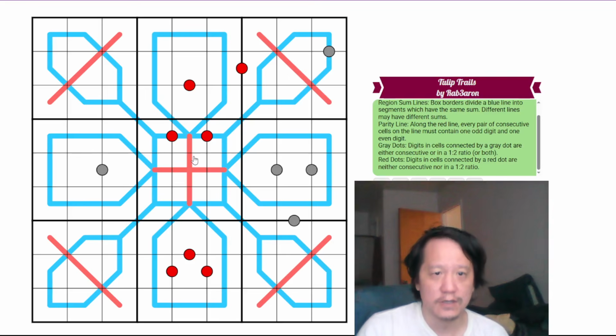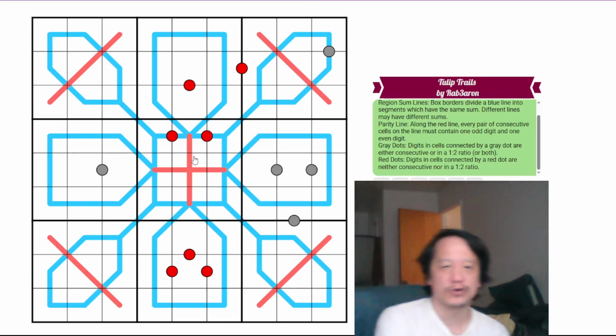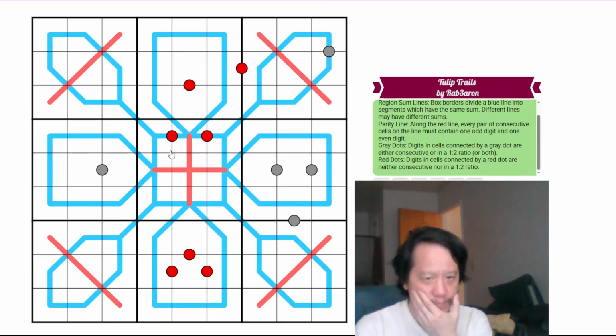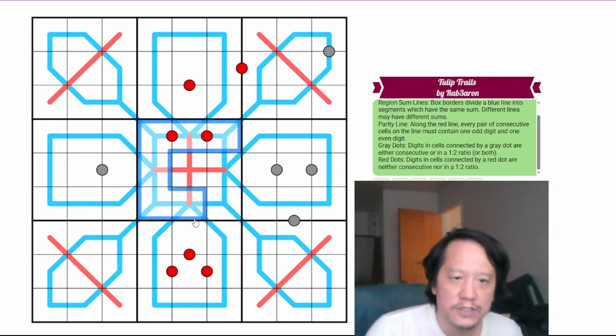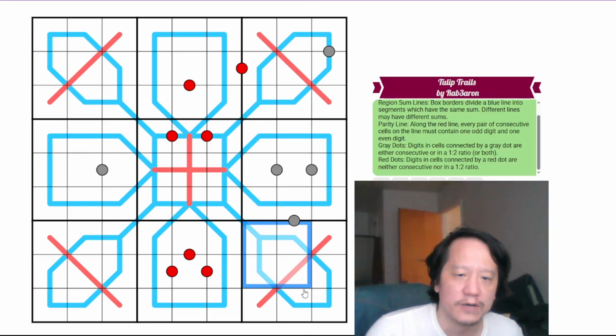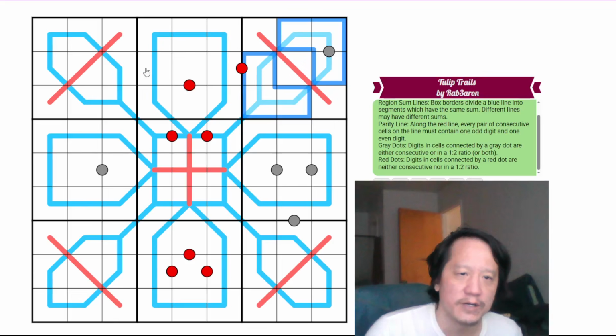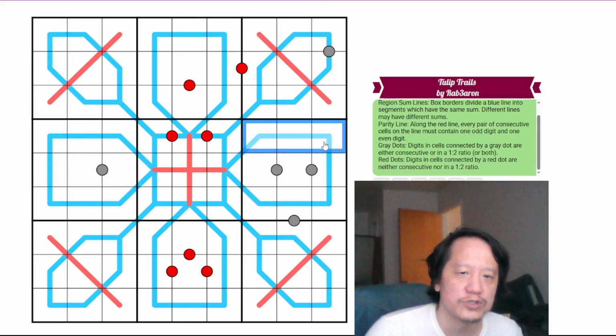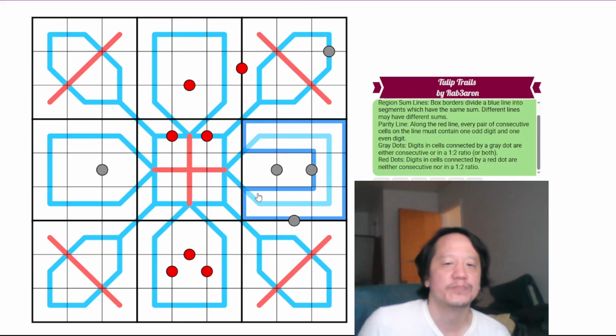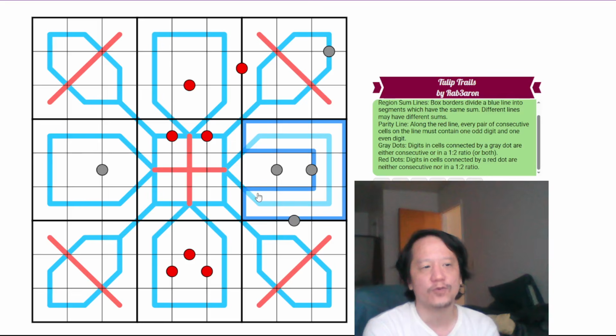Let's go. Okay, so the sum of 8 digits is equal to the sum of 6 digits in these cells, in boxes 1, 3, 7, and 9. And it's equal to the sum of 7 cells in boxes 4 and 6.